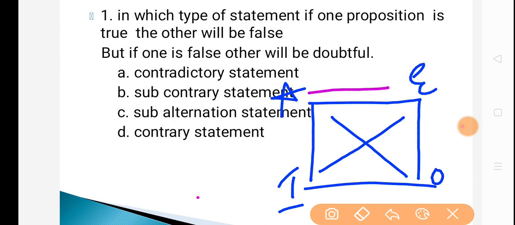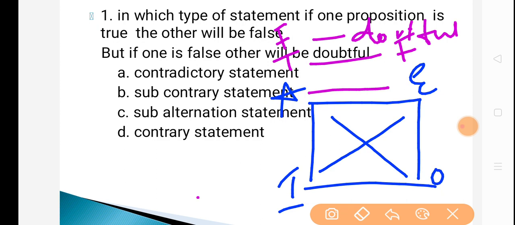Both cannot be true at the same time, but both can be false. One is true, the other will be false. If one is false, the other will be doubtful. From this itself we can say that it's from the contrary statement. So here the answer is contrary statement.